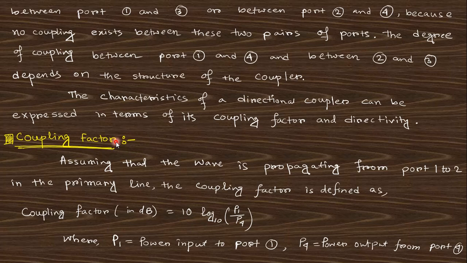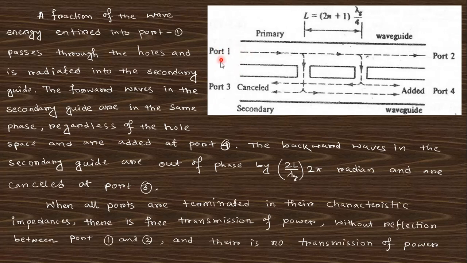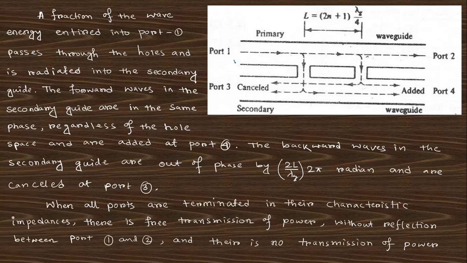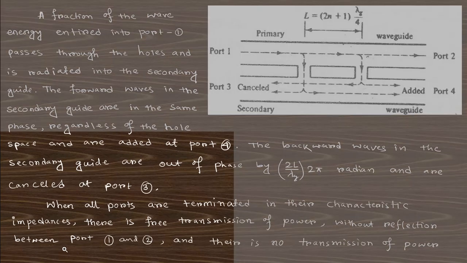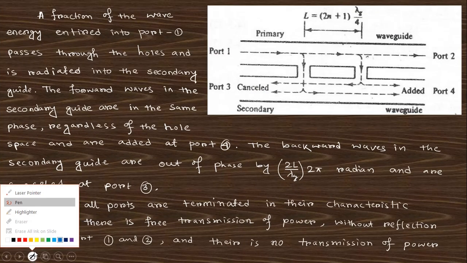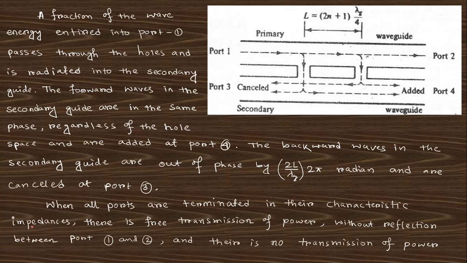So here you can see the main input is from port 1. This is the actual input and this is the actual output, right?